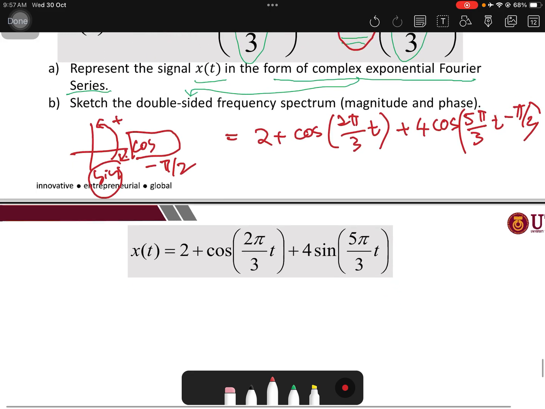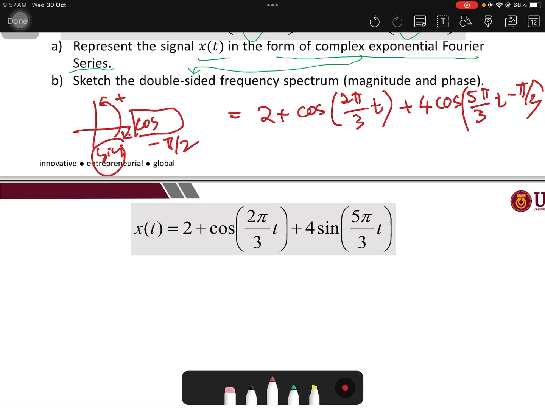So now how to write the complex form? Remember the basic formula. For cos omega t, you can write A times exponent j omega t plus exponent negative j omega t, over 2.